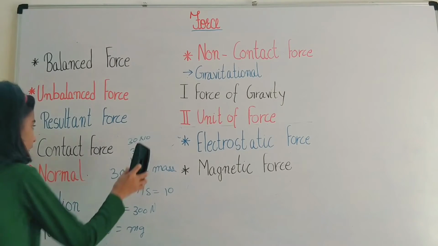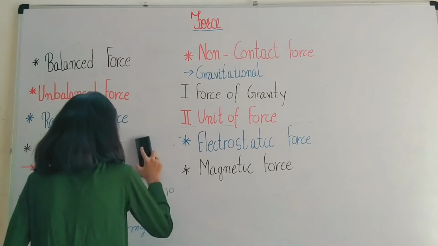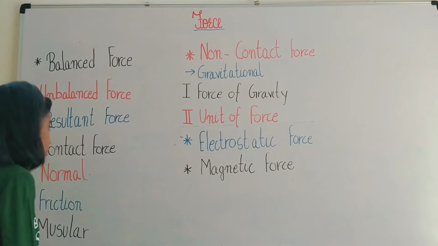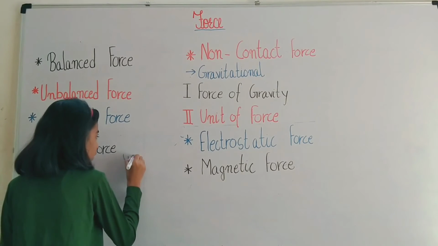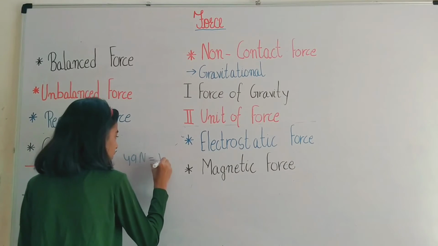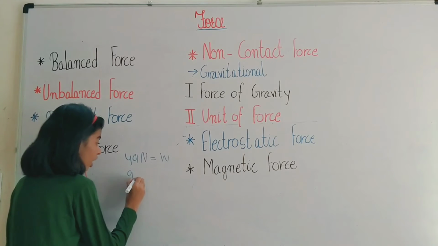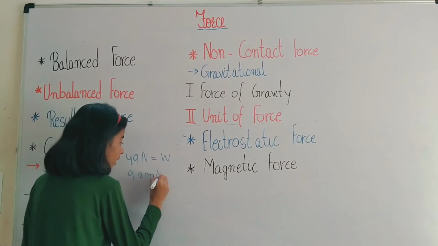So now let's move to the next question. Here we have to find out the mass of an object where the weight is given. The weight is given as 49 Newton and the acceleration due to gravity is given as 9.8 meter per second square.